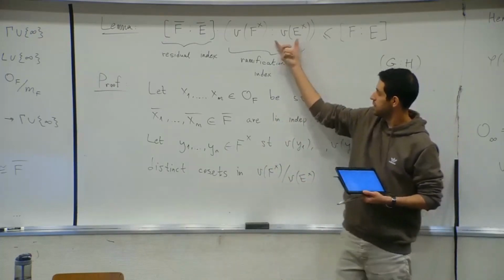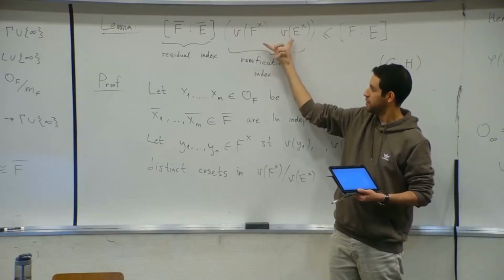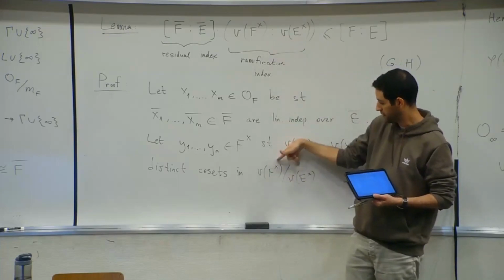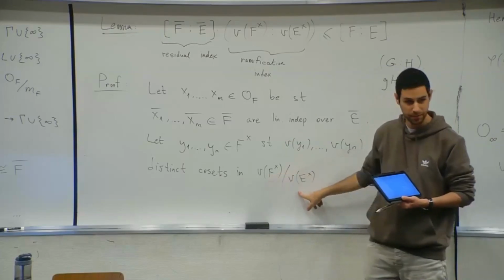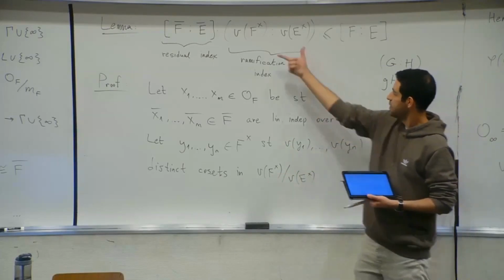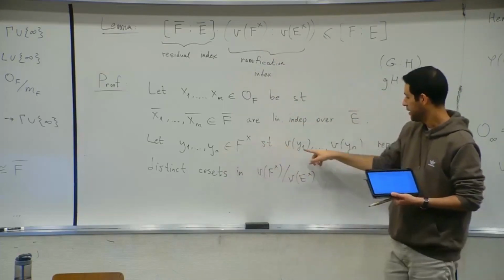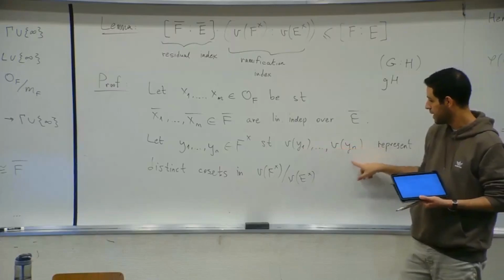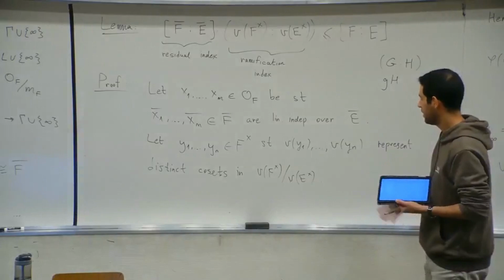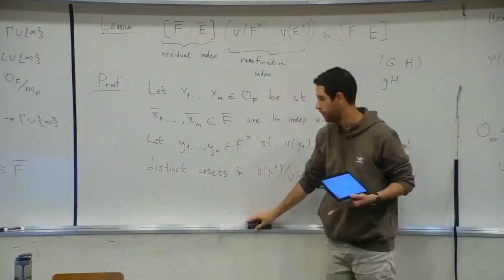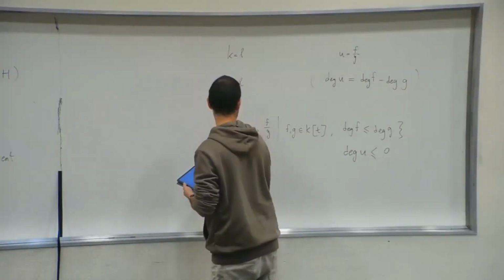Remember, these two are subgroups of gamma, and gamma is abelian, so it's a normal subgroup, so this is a group, the quotient group of this by this. So if this index is n, we can find n non-zero elements in F such that v(y1) up to v(yn) represent distinct cosets in this quotient. And if it's infinite, then n can be as large as we want. So this is what we can work with.